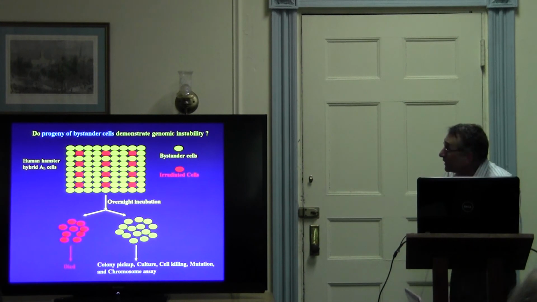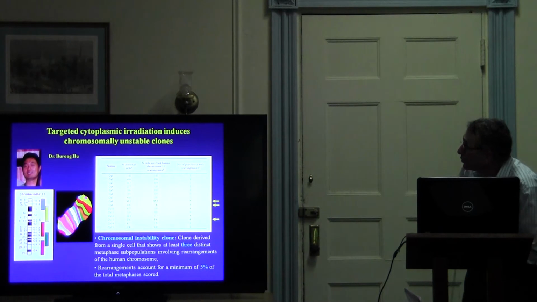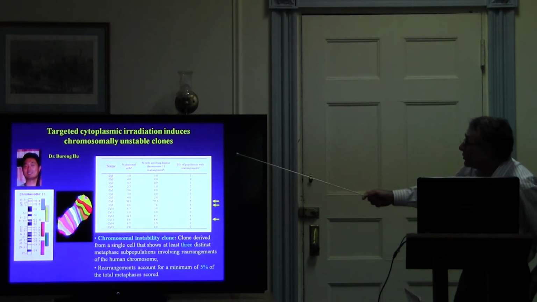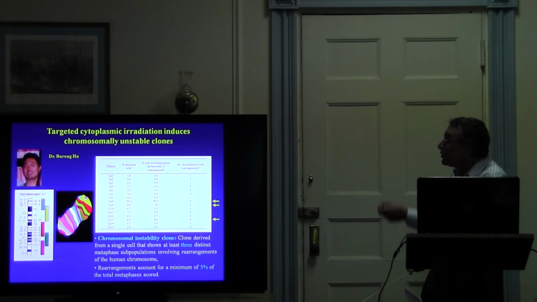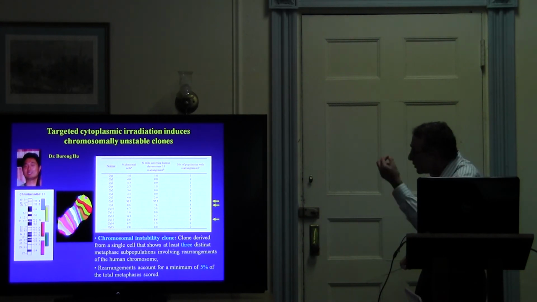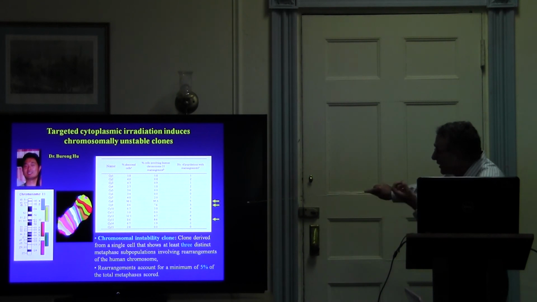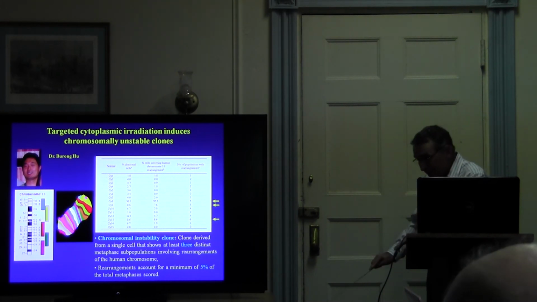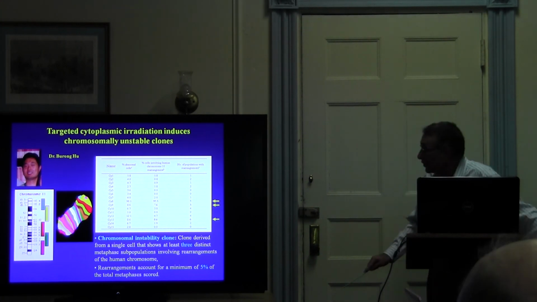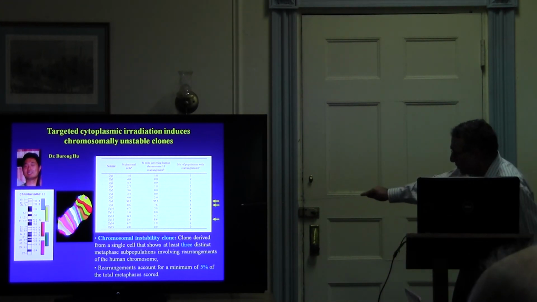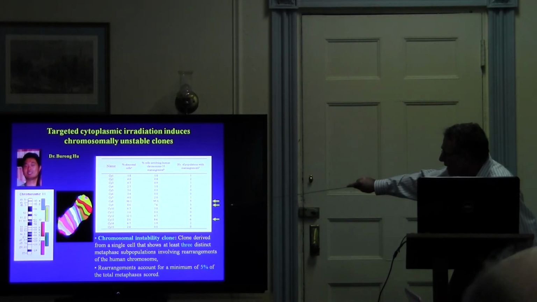Work done by another postdoc in the group, Burong Hu, had shown that targeted cytoplasmic irradiation induced chromosomally unstable clones. The progeny of the bystander cells that existed in the vicinity of cells that received the hit through the cytoplasm demonstrated genomic rearrangements.